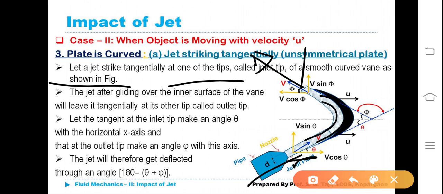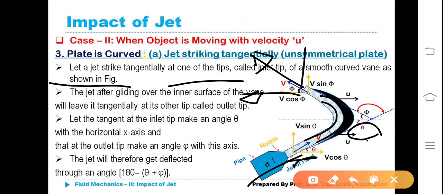Therefore, you have to consider the component of the force. Let the tangent at the inlet make an angle theta. At the inlet it is theta, here it is very clearly denoted. Whereas at the outlet it is phi, the interior angle. This phi is not the angle shown with the red arrow, whereas it is inside.